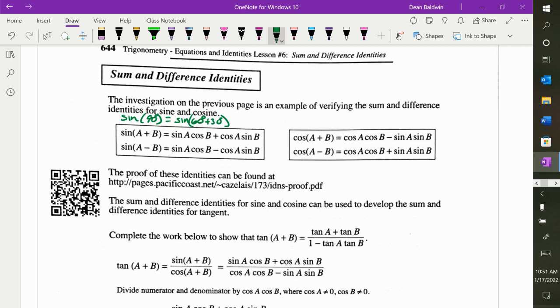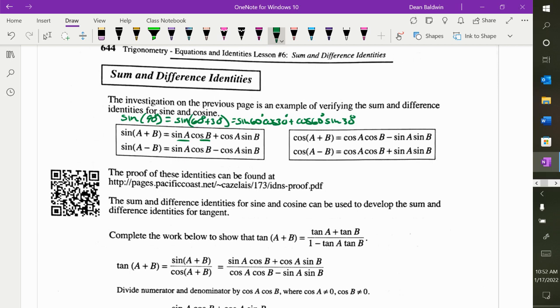So I can rewrite it like this, and because it's A plus B, 2 angles being added together, that can break up into sine of 60 cos of 30, that's this bit, plus cos of 60 sine of 30. So you can expand it.